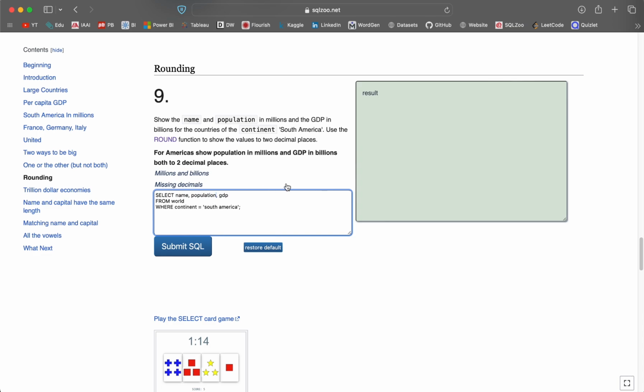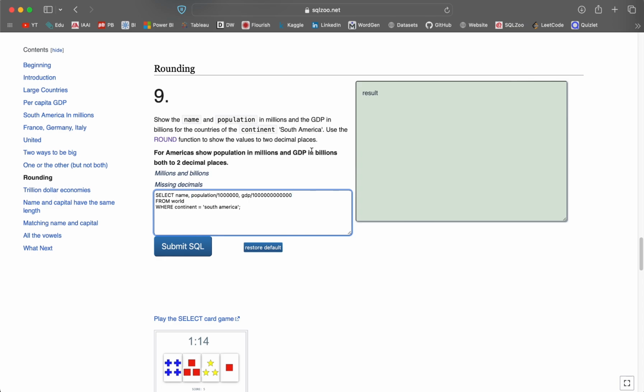The way we're going to do this is we're going to divide by a million here, because it says we want population in millions. And it also says we want GDP in billions, which I believe is 12 zeros. We'll check in a second.